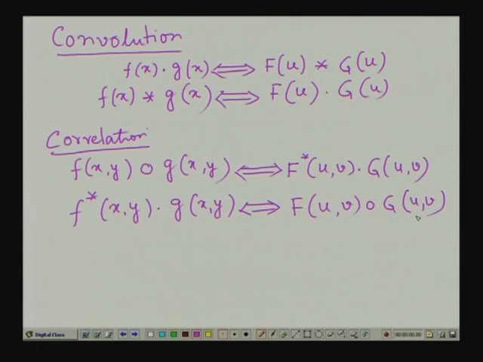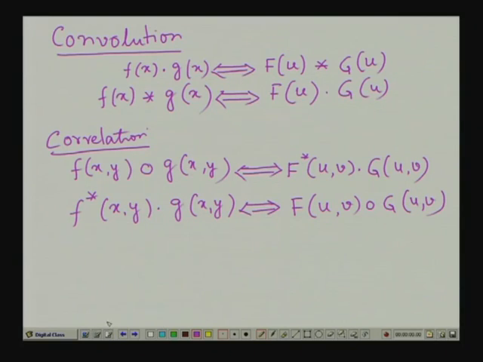So, these are the two properties known as the convolution property and the correlation property of the Fourier transformations. With this we have discussed the various properties of the discrete Fourier transformation.